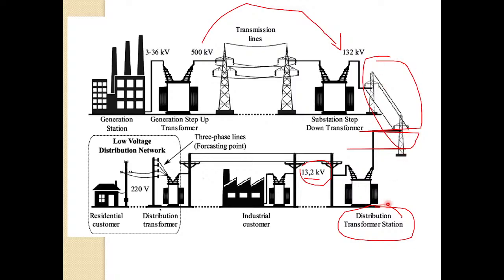Again, it is transmitted, and nearby to the load sector, there is a distribution transformer where the voltage level is stepped down from 132 to 13 to 2 kilovolts, and it is given to the industrial customer. And again it is transmitted, and there is another distribution transformer which steps that voltage level down to 220 volts, and it is given for domestic purpose.